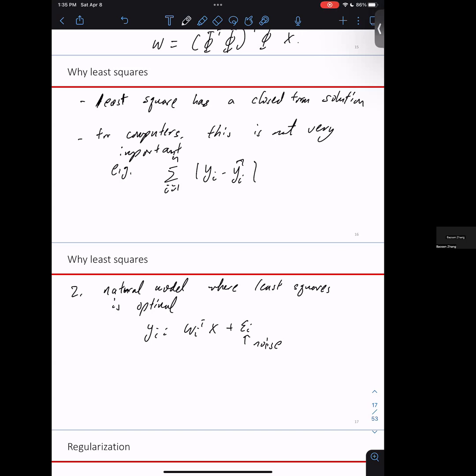Then in this case, you can actually show that the least squares estimate you get, where you compute the W this way, is actually optimal in a very clearly defined probability sense, right?